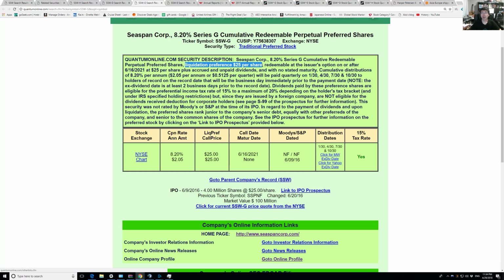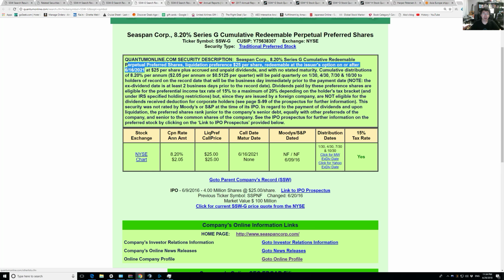It also says redeemable at the issuer's option on or after some particular date at $25. So basically, that's almost like the maturity date for a bond.